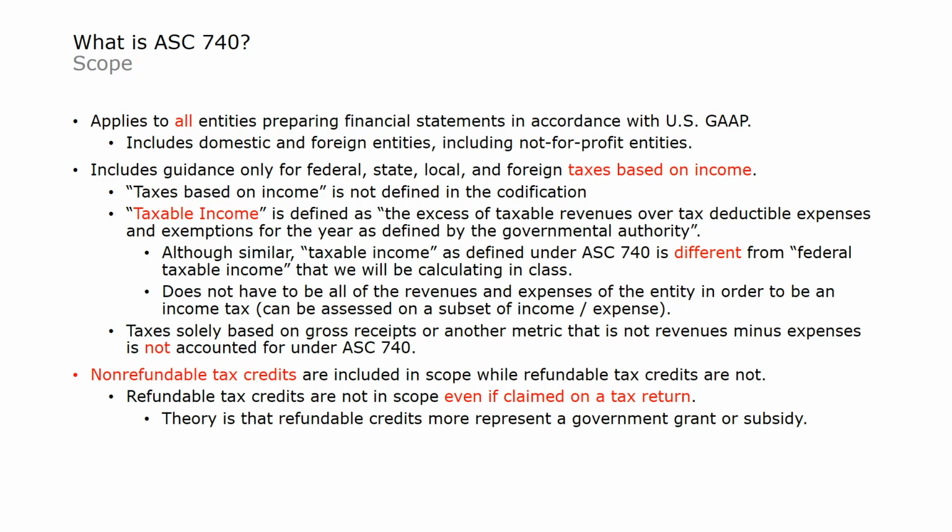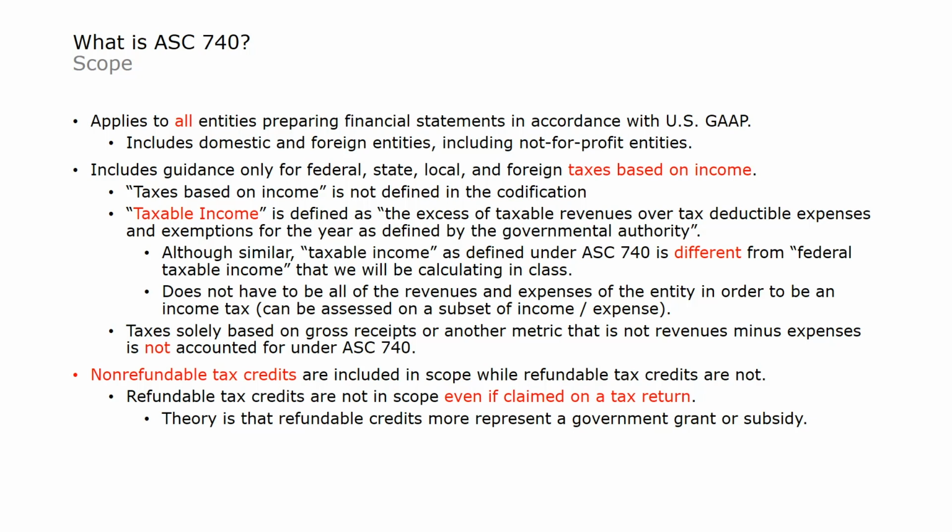Next up, credits. Non-refundable tax credits are going to be included in the scope of ASC 740, while refundable tax credits are not. This is one that I see probably every year. I see a couple clients mess up on the application of credits. Only non-refundable tax credits are going to be included in ASC 740, while any sort of refundable tax credit is not.